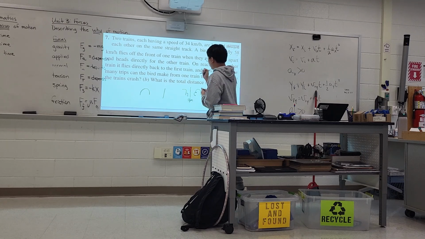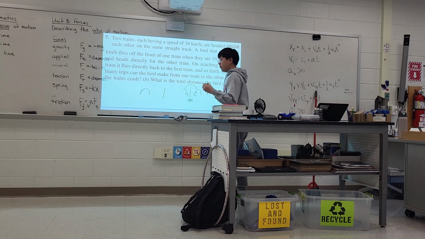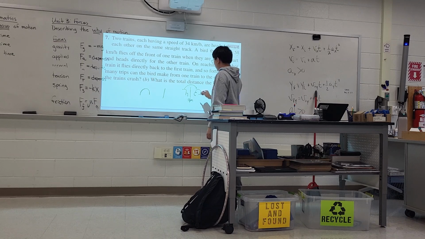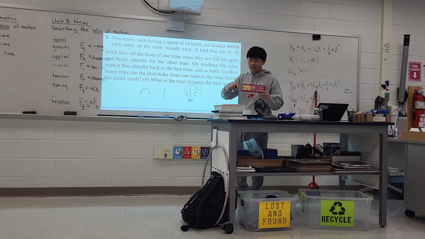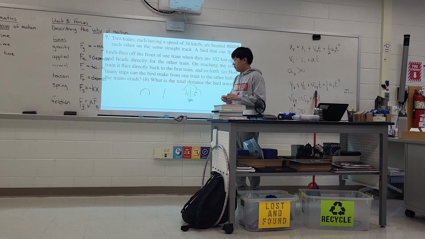The bird has to go here, and the trains move forward, and the bird has to catch up to the train when it has half the distance, right? So it keeps going half and half, and the bird keeps having to travel and catch up. So what does that mean?